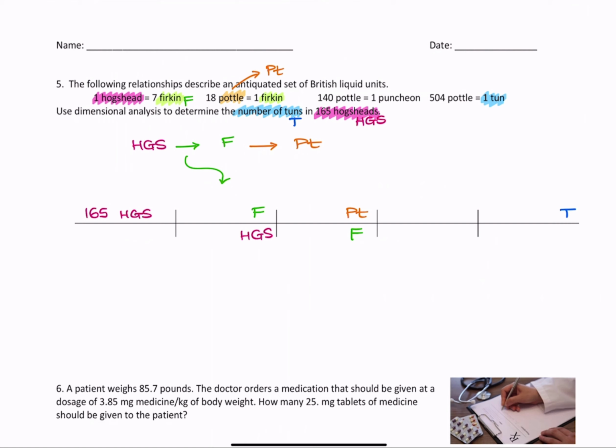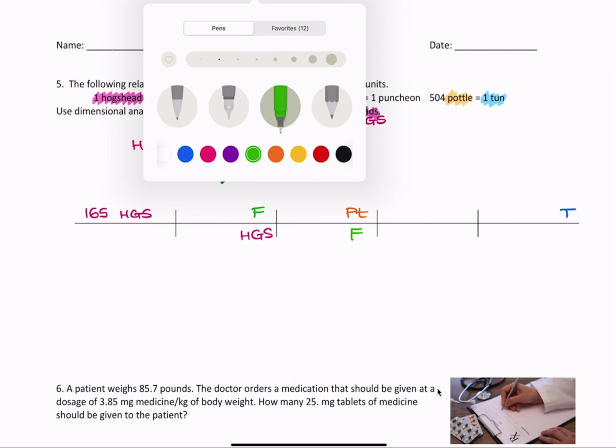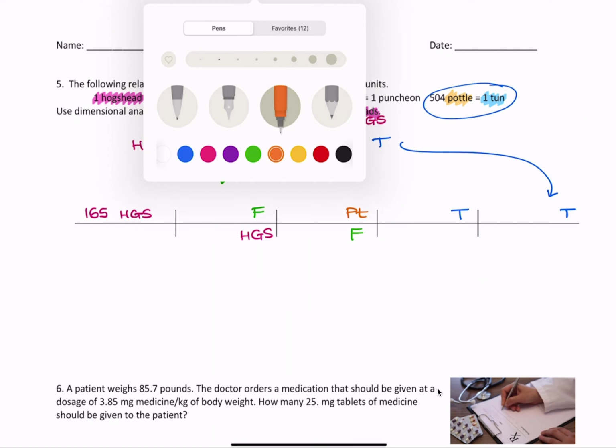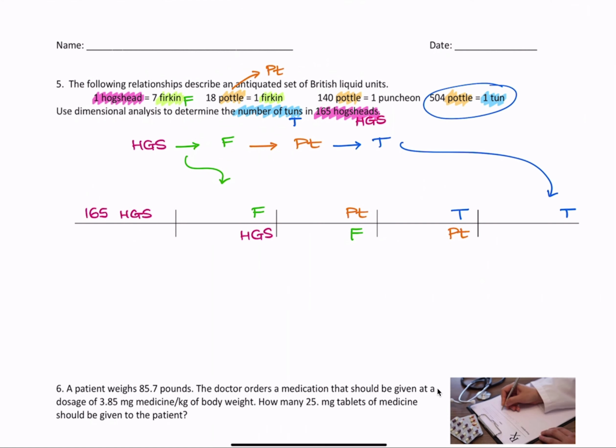When I have this, I see that there are two relationships for pottle. I know the relationship between pottle and puncheon, but I know as well the relationship between pottle and ton. Well, ton is what I want, and I see that this relationship will allow me to convert pottle to ton directly, which is the unit that I desire. Therefore, I will convert pottle into tons by canceling the pottle units.